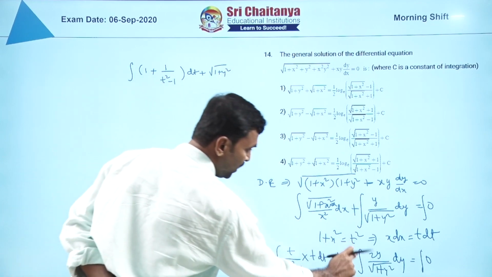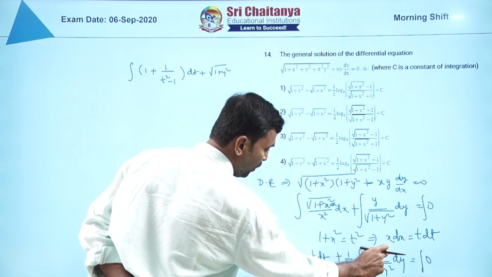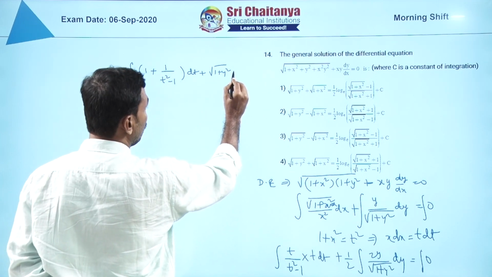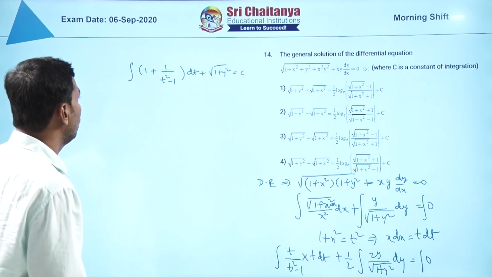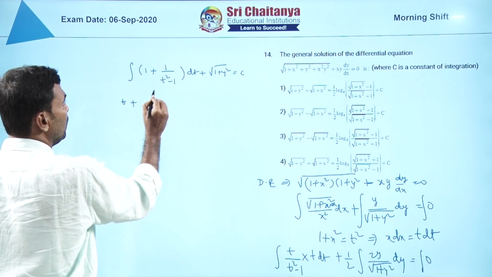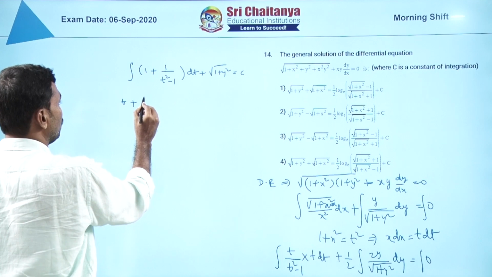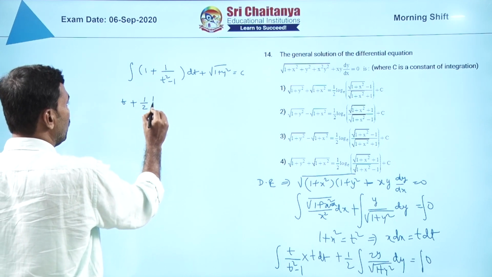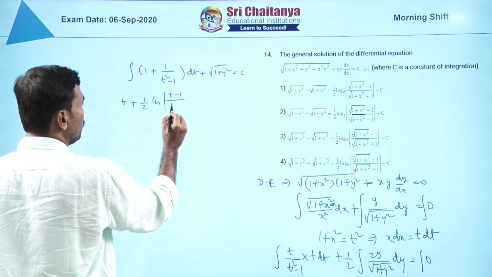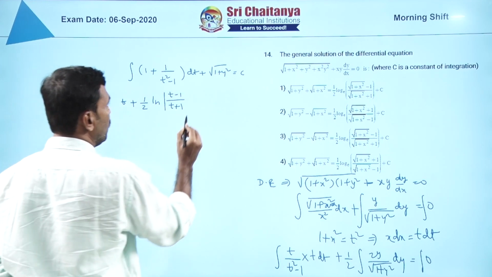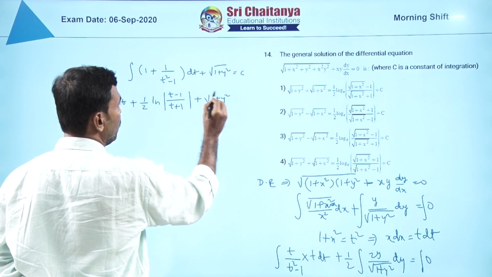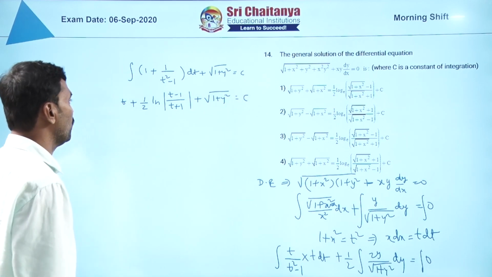This becomes integral f dash y by 2 root fy, 2 gets cancelled. So, root fy is equal to c. Integral 1 dt is t, plus integral of 1 by t square minus 1, 1 by 2 ln of t minus 1 by t plus 1, plus root over 1 plus y square is equal to c.